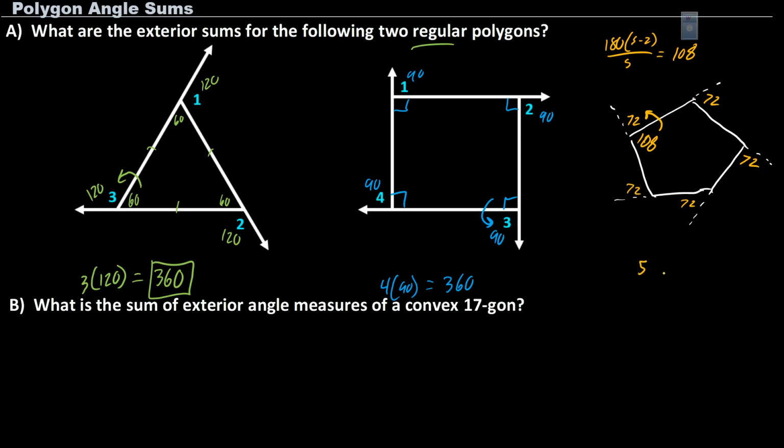And if we add up 72 5 times, that gives us, again, 360. So every single time we add up these exterior angles, it's giving us 360. So what is the sum of the measure of the exterior angles of a convex 17-gon? Well, based on what we just did, it's got to be 360.